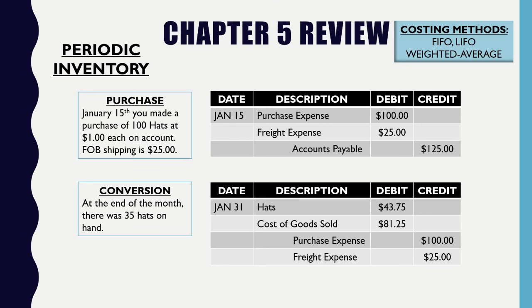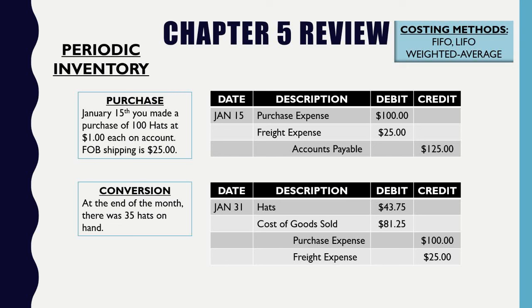Chapter review. So again, when we're looking at periodic inventory, every time we make a purchase, you're going to recognize it as a purchase expense and freight expense. Okay? The second thing I want you to know is the conversion entry, which is you're going to have your ending inventory, your cost of goods sold, and then you're going to journalize your purchase expense and your freight expense as a credit.